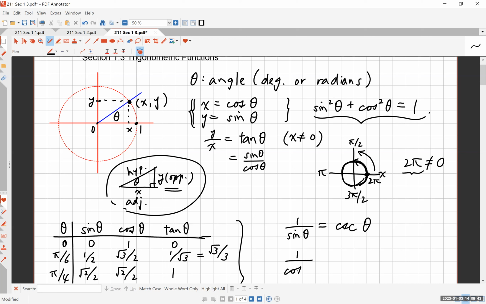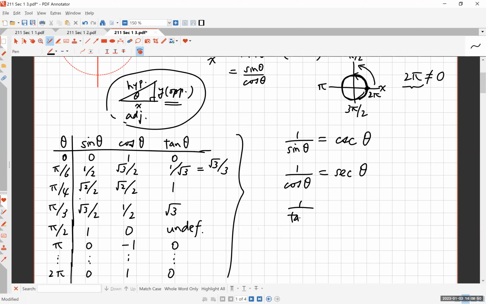And 1 over cosine is called the secant of theta. And 1 over tangent, which is the reciprocal of the tangent function, is cotangent. And by the way, this can also be written as cosine theta over sine of theta.